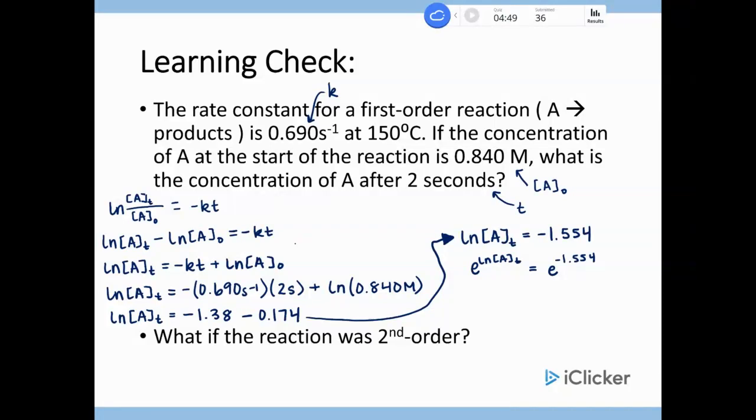If you raise e to the natural log of something, e and natural log cancel out, and we just have this variable left. So the left side of the equation is equal to concentration of A at time t.